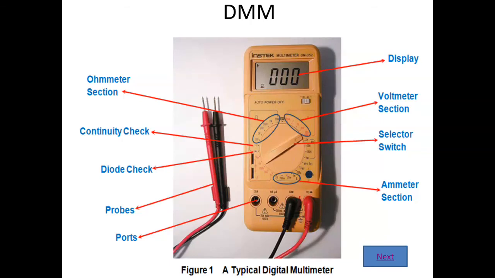In this one, can you see the selector switch? The rotary switch is there, no? From there you can select which one you want. If you want the multimeter to be used as an ohmmeter, you can select that. If you want it to be used as a voltmeter, you can select that one. According to that you can change. That is known as your selector knob.